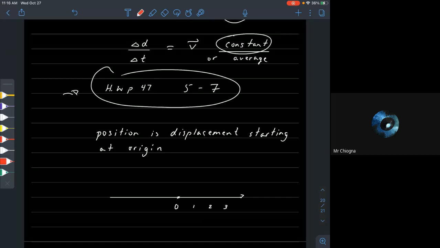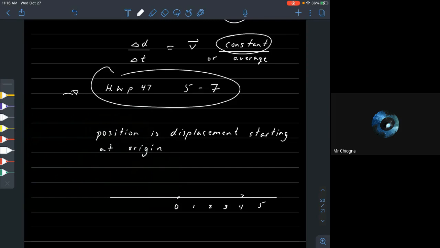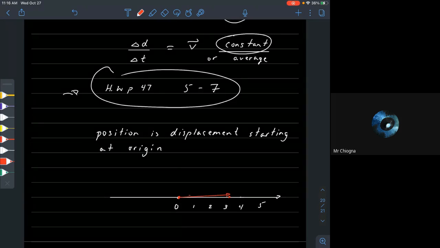This would be, I'm going to add a little bit more here, 4, 5. Okay, so let's say you started at the origin, you walked to here, your position would be 3. You walked all the way to 3. Your position is 3. It's measured from the origin, always.